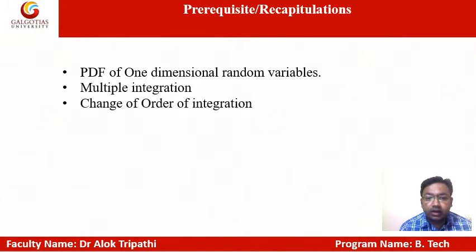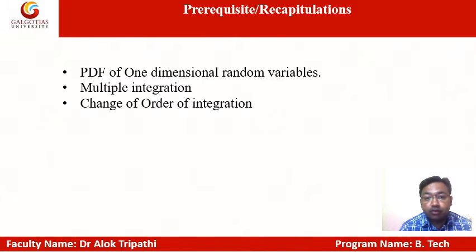Before starting our main content, the prerequisites for today's lecture are the PDF of one-dimensional random variables. What is PDF? It is the probability density function, and we will be discussing it for continuous random variables. Next, we should know multiple integration, which you have already studied in your earlier classes.